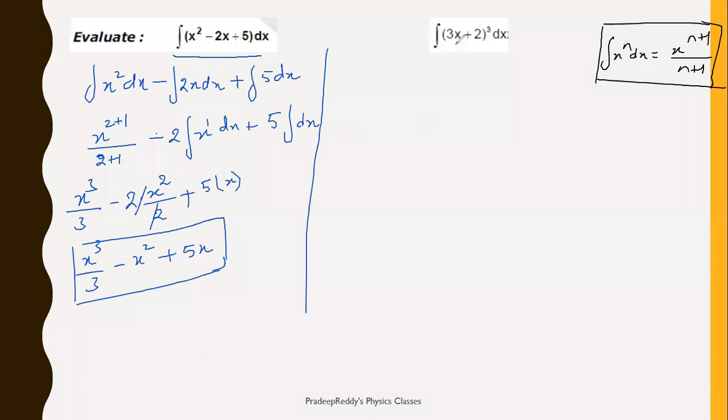Now coming to the next one, we have integration of 3x plus 2 whole power 3 dx.